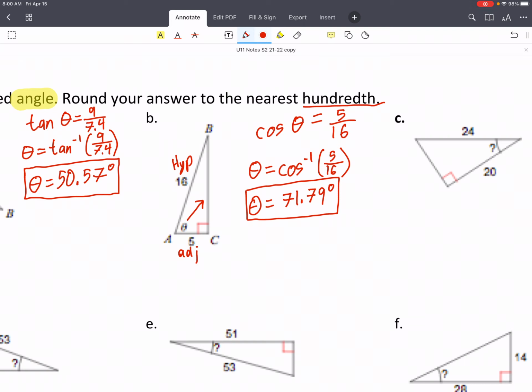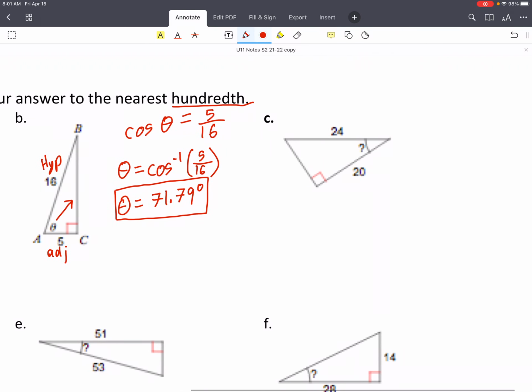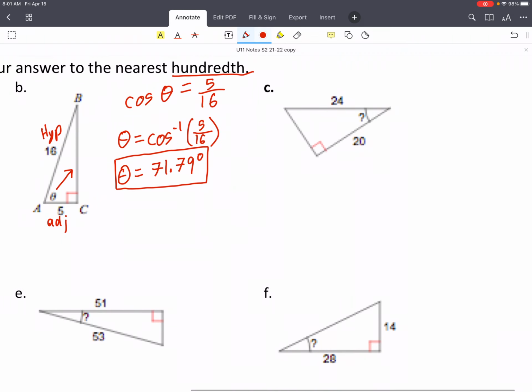One more, and then I will end this video, give you a chance to do those other problems on your own, and then you can check the next video to finish off the notes. Okay? So now we have our question mark. That's our indicated angle.